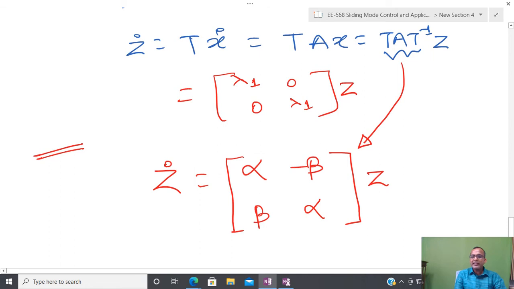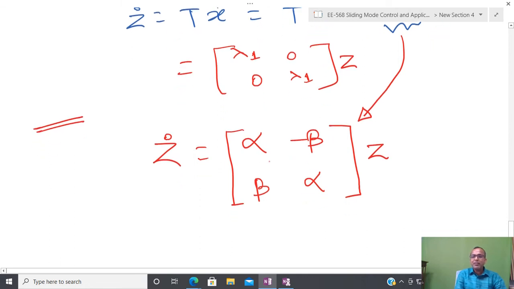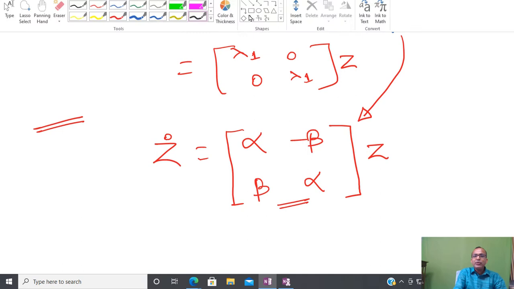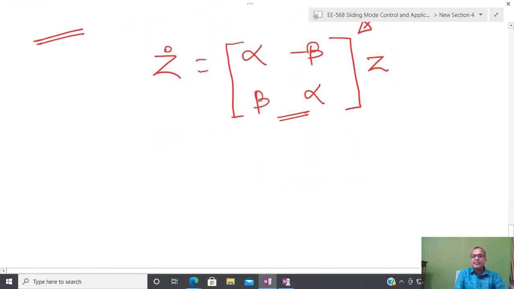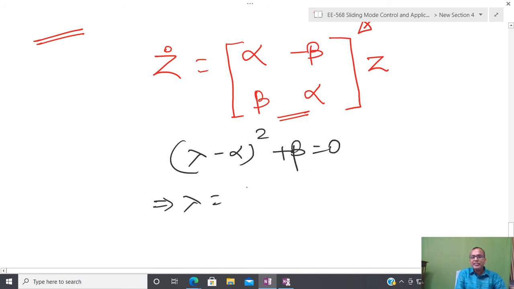Could you please check what the eigenvalue of this particular matrix T A T inverse is, with alpha, alpha, beta, minus beta? Anyone? If I write it like this, the characteristic equation is lambda minus alpha squared plus beta squared equal to 0. So from here it is clear that the eigenvalues are alpha plus minus j beta.